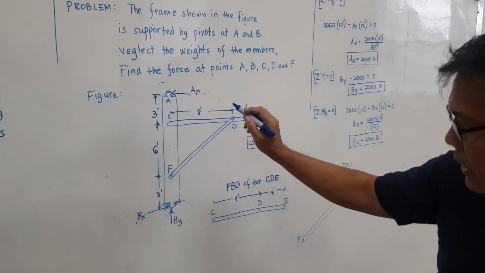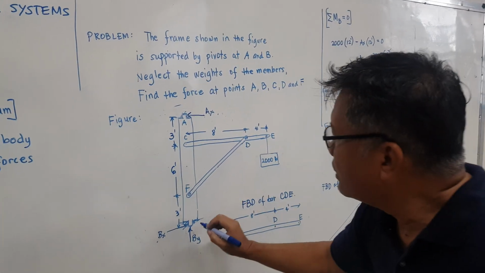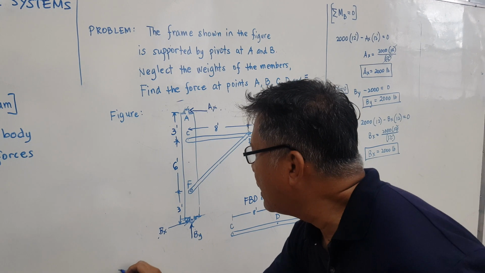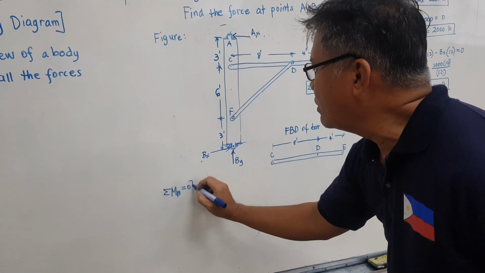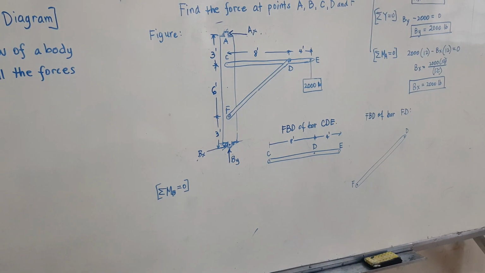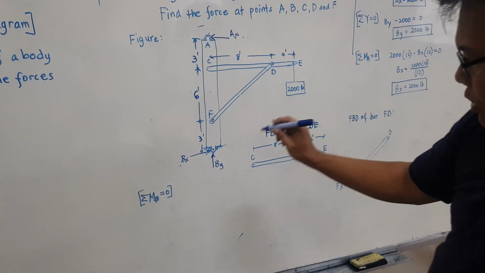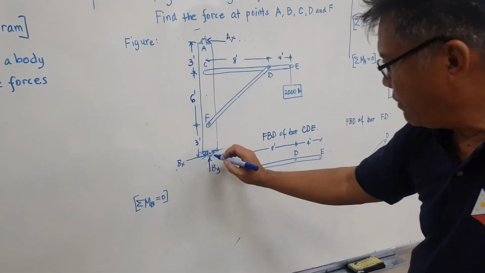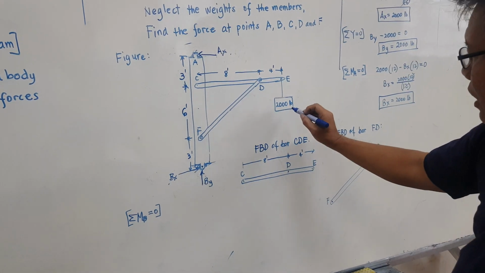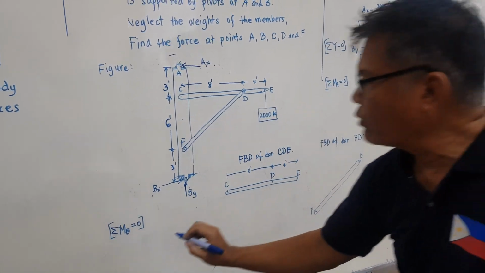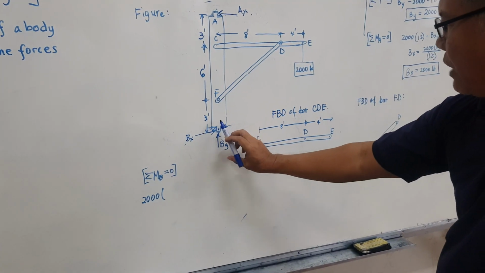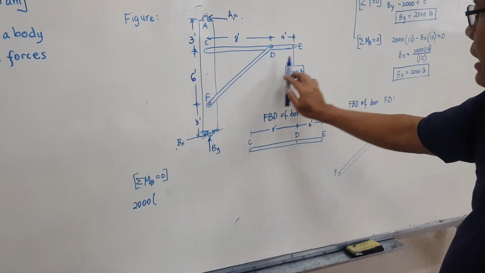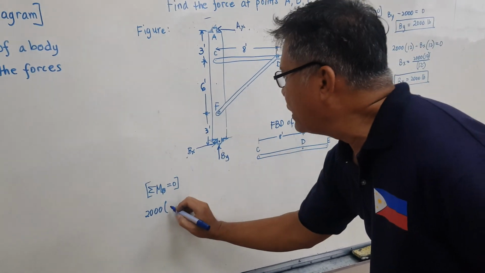So if we are going to take summation moments at point B for the whole system, that should be equal to 0 because that is in a state of equilibrium. So to conduct this moment equation from point B, we look at the load of 2,000 pounds, and the distance of 2,000 pounds from point B is 8 plus 4, that is 12 feet.